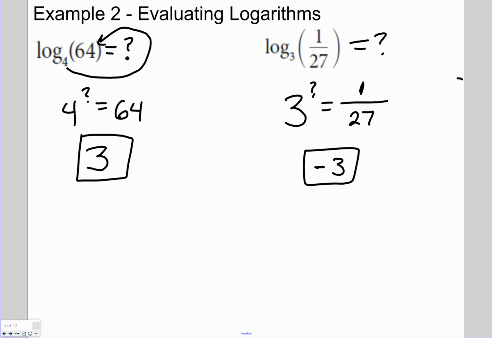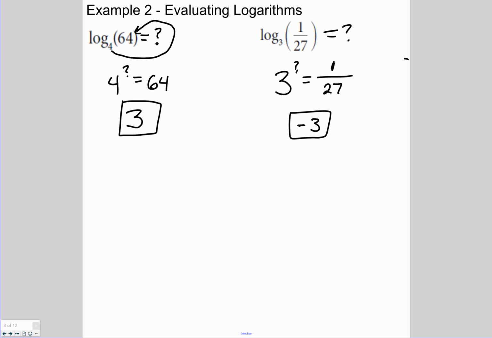You learned in probably late middle school or early high school that when you have a base raised to a negative exponent, you put all of that in the denominator, and your exponent becomes positive. So when you see a fraction in this spot, you know that your exponent should be negative.